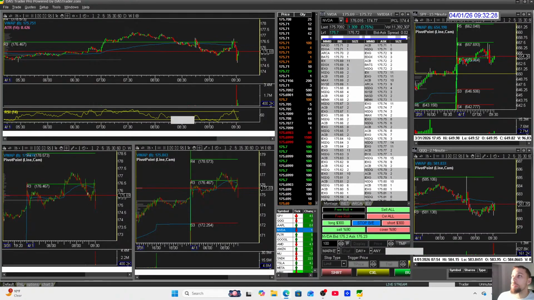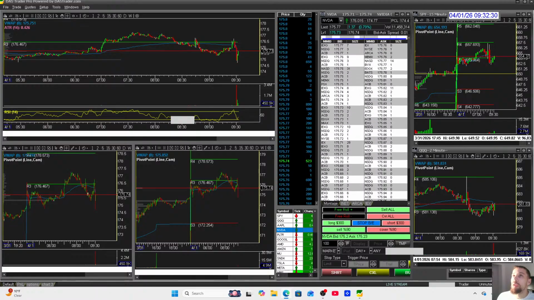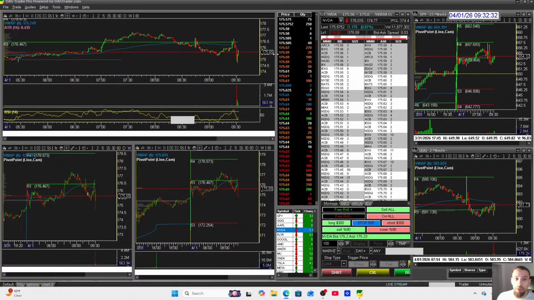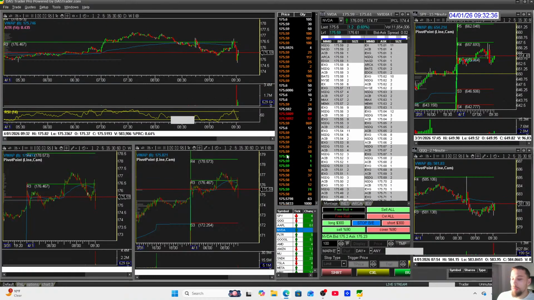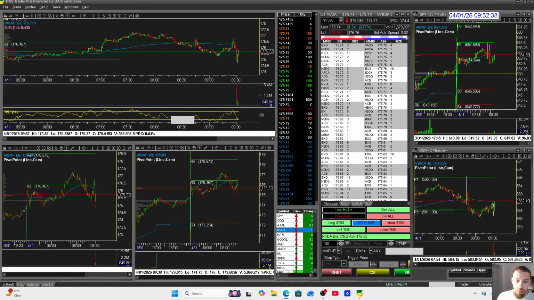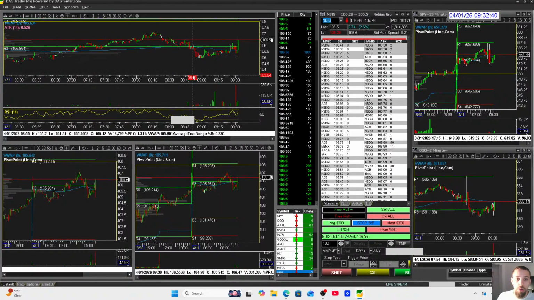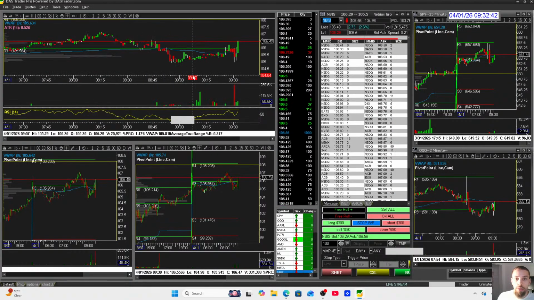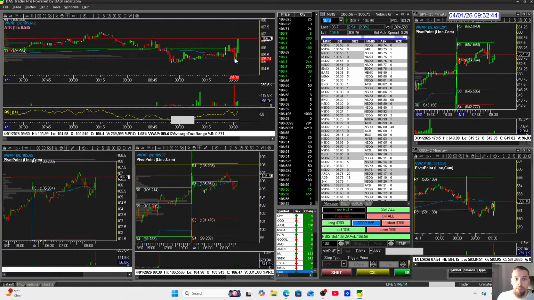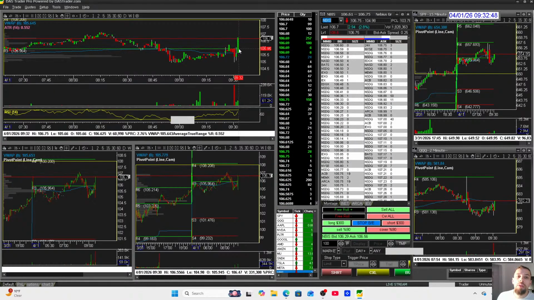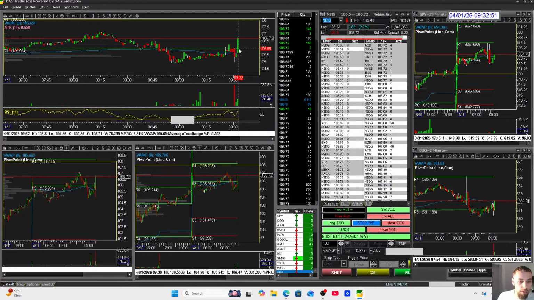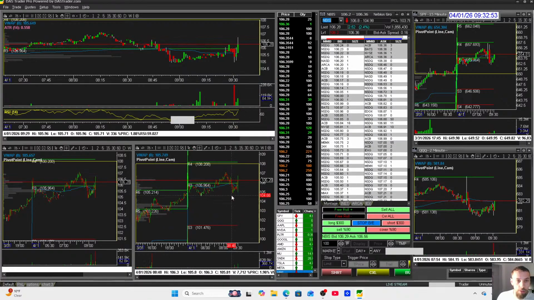NBIS's ladder looks very bullish. Lots of big orders to the top side. That was a good opening range break there above R3.